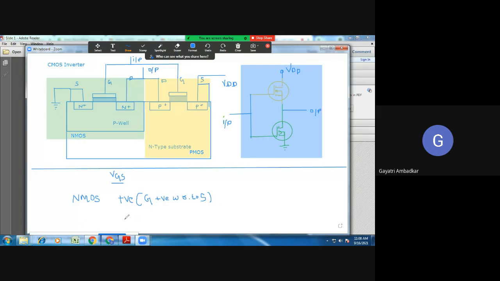Now, opposite of that, if you want PMOS to conduct, what shall be the condition?